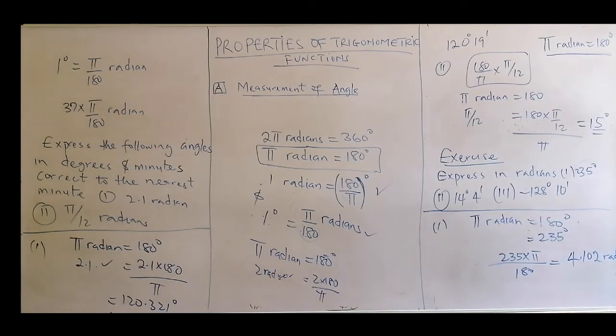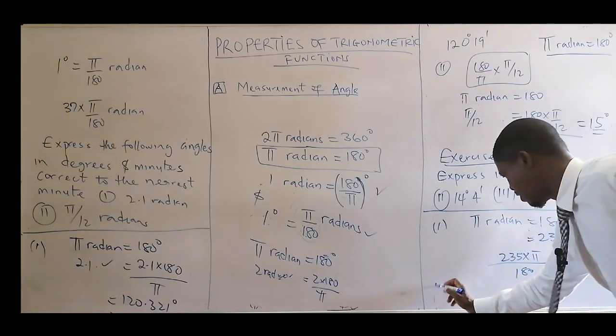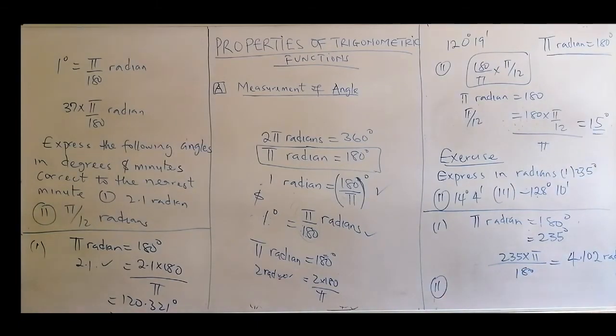I will just take one more from these, and then we close this section. Let's look at 14 degree 4 minutes. It's the same way. We need to convert the minutes to decimal, which will be 4 over 60, and then add the 14. So everything will be in the same units.